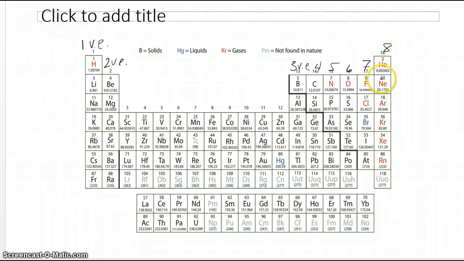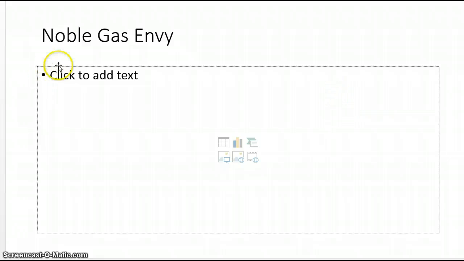The next part of this is that all elements have something called noble gas envy, and they like to have a full valence electron shell. So they would like to have either 8 electrons in their valence shell or 2.